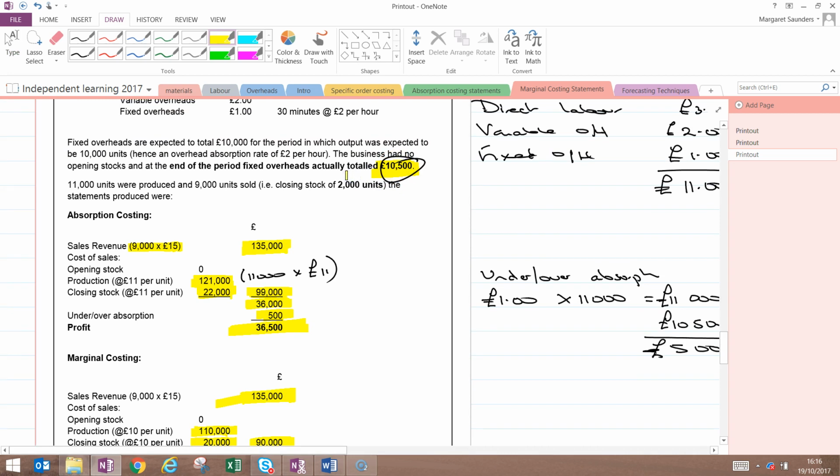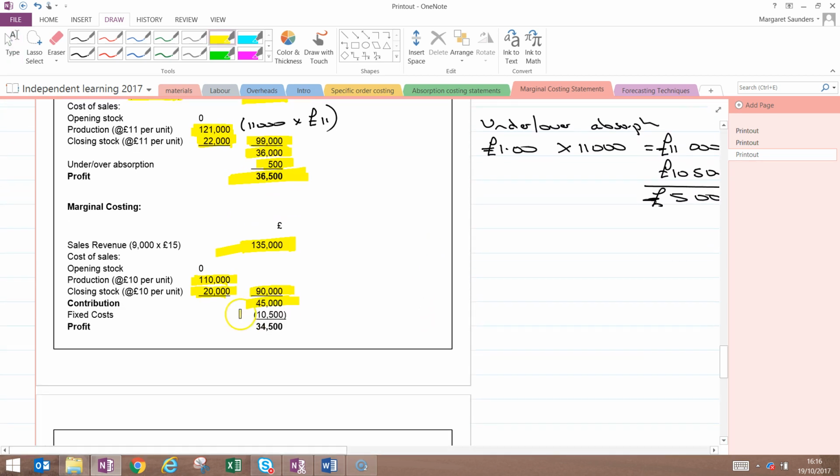We're not interested in what we absorbed because we are not doing absorption costing. 10,500 of fixed costs, and we have a profit of £34,500. So we now have two different profit figures. Absorption costing has given us a higher profit of 36,500 compared to marginal costing of 34,500. So we have a £2,000 difference in the profits.